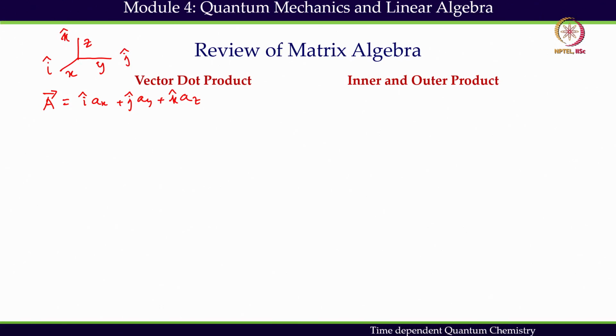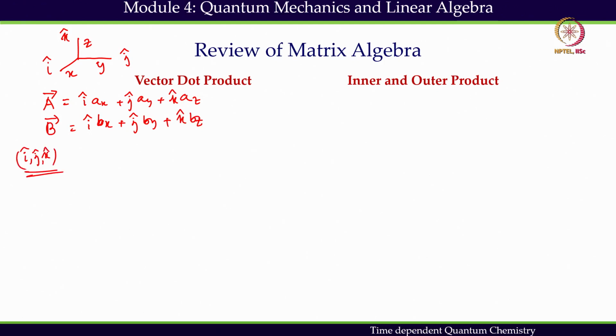And the b vector, another vector, can be represented by Bx plus By plus Bz. Here we are representing the vectors with the help of the i, j, k basis.